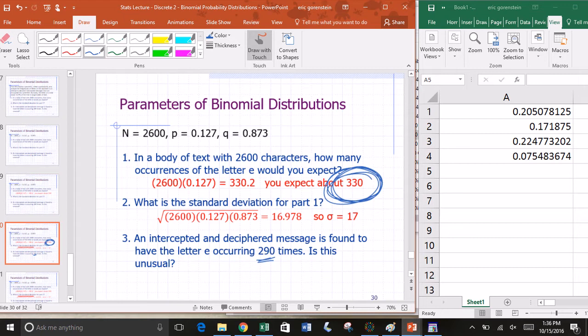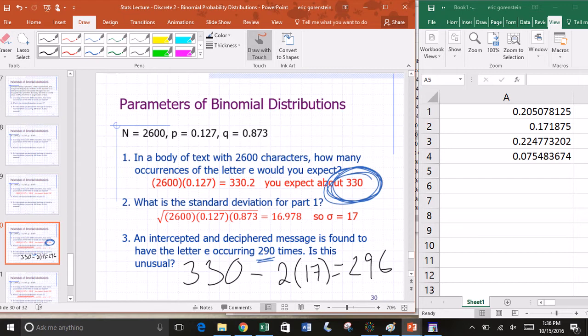So if we take the average, which is 330, and subtract 2 standard deviations, which is 34, 330 minus 34 would be 296. So 296 is exactly 2 standard deviations below average, or 296 would have a z-score of -2.